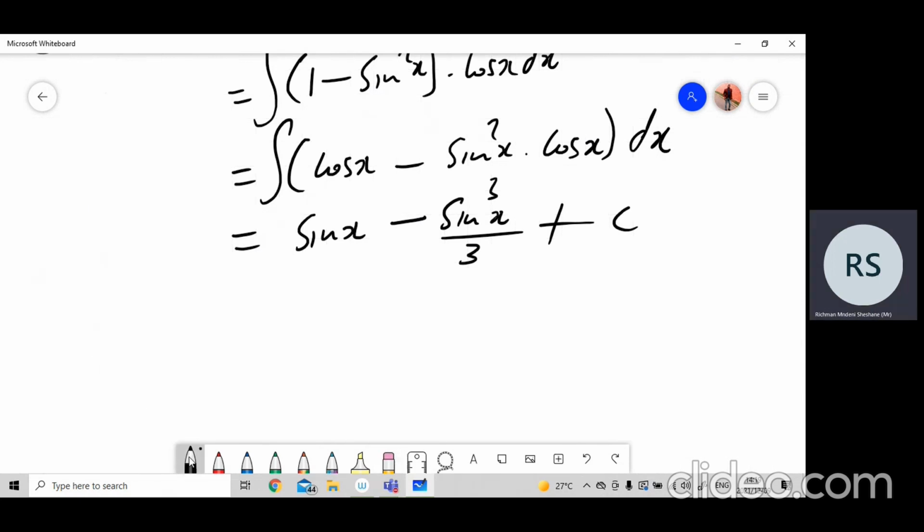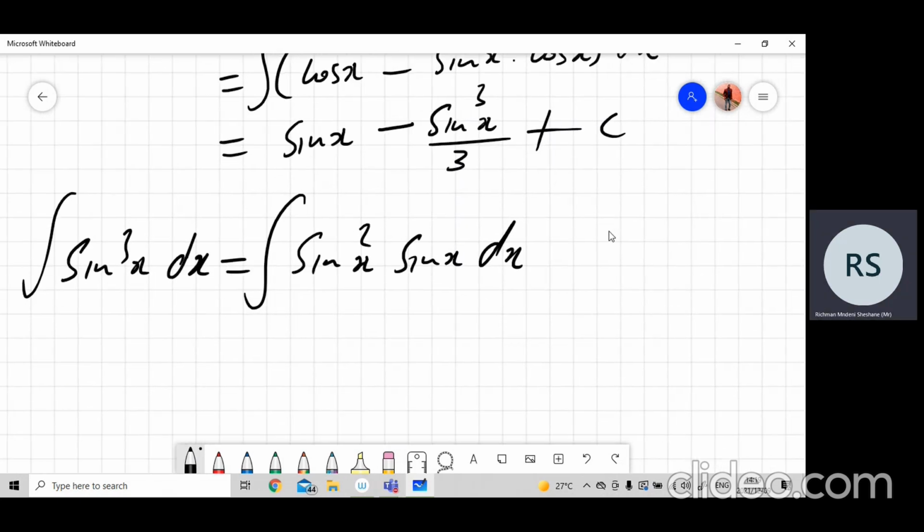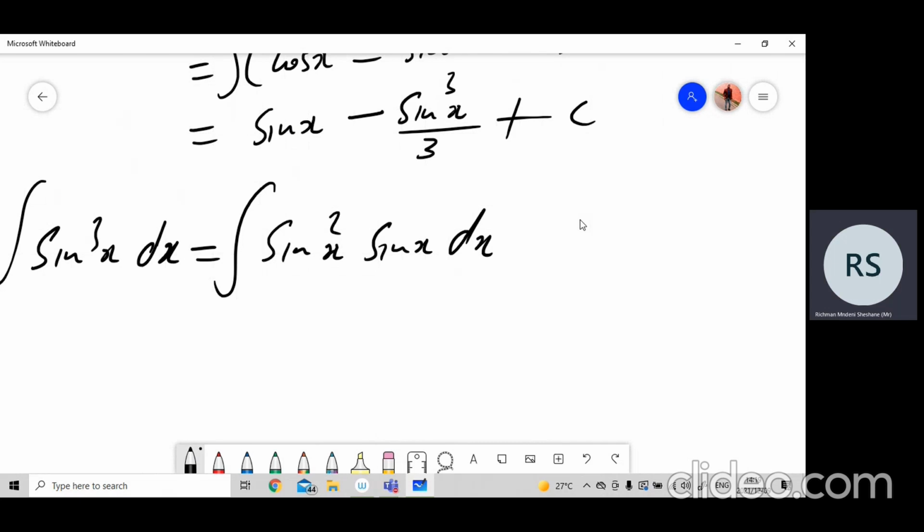When we integrate sine to the power of 3 dx, again you're going to split one sine out, and then use that identity from above.